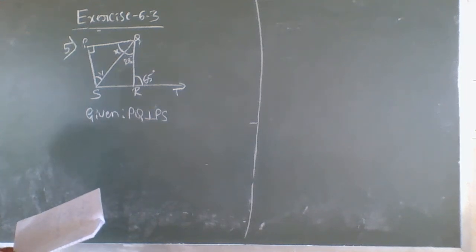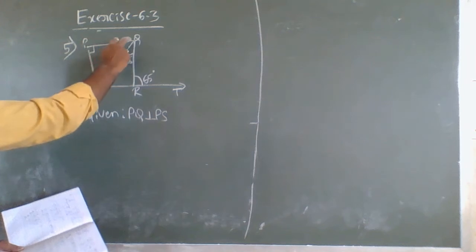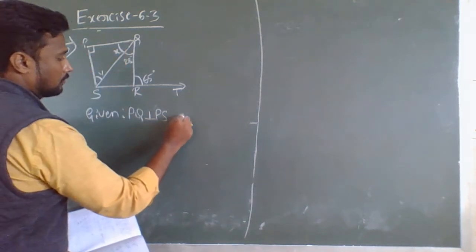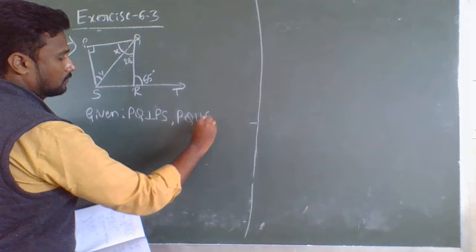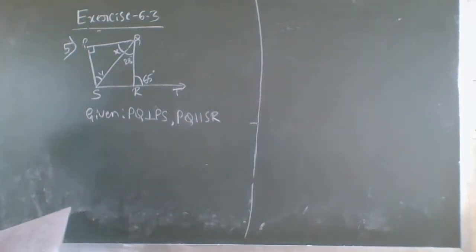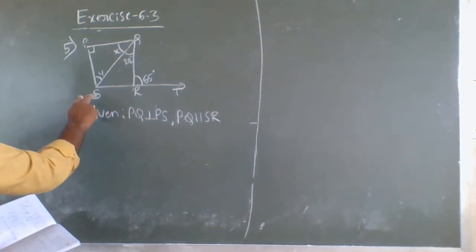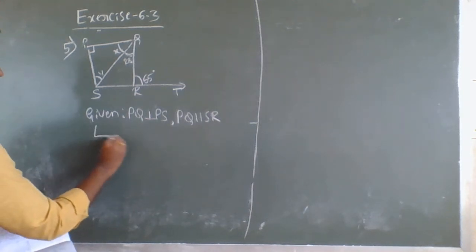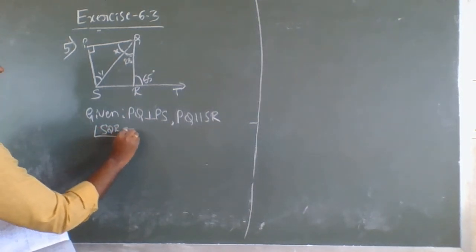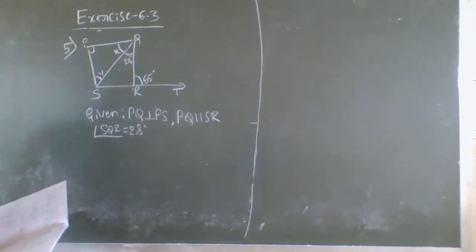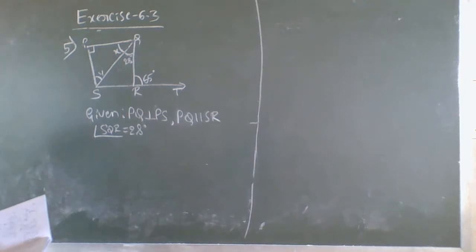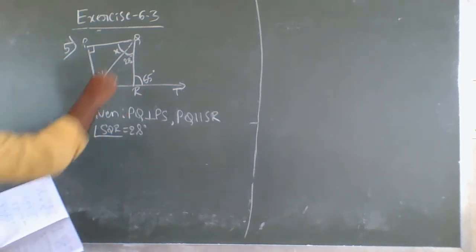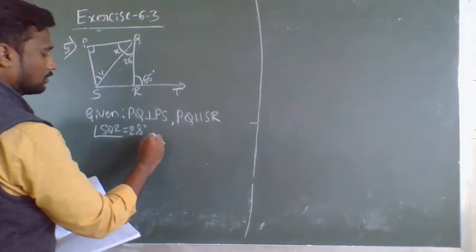PQ is parallel to SR. Here this PQ is parallel to SR. Angle SQR is 28 degree. This angle SQR is 28 degree. Angle QRT is equal to 65 degree. This angle QRT is 65 degree.